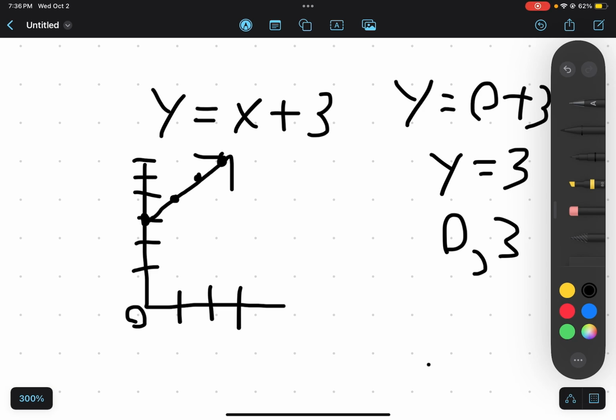From here, let's move on to the point slope equation.